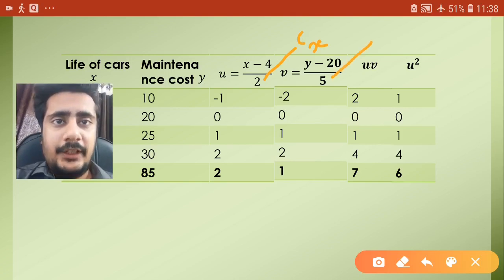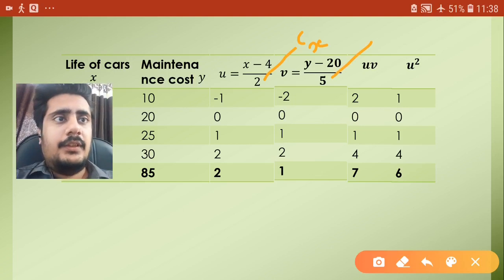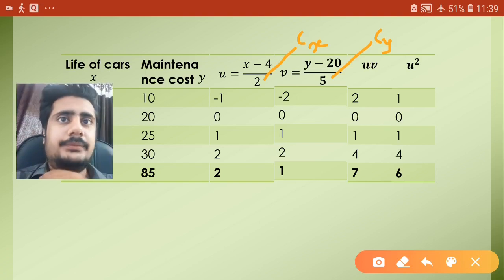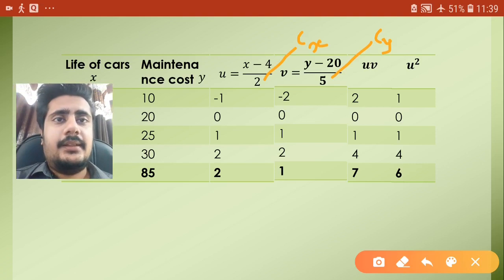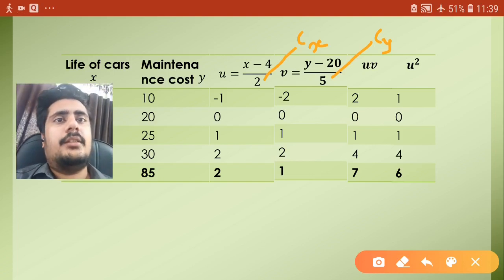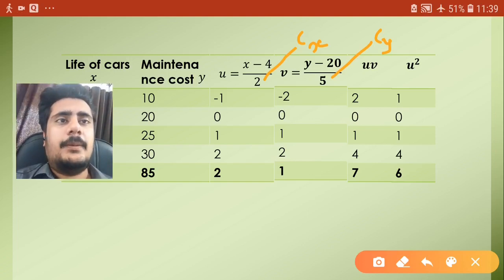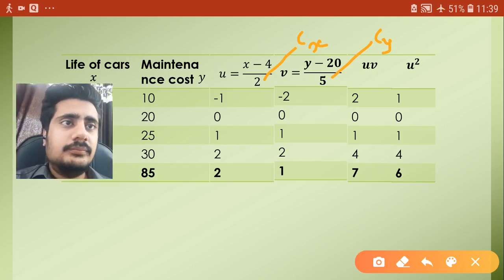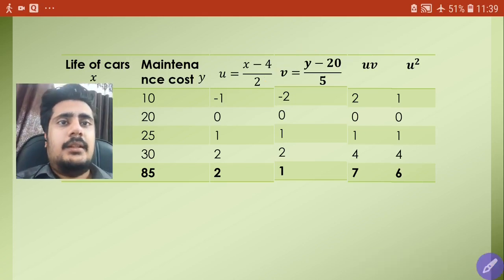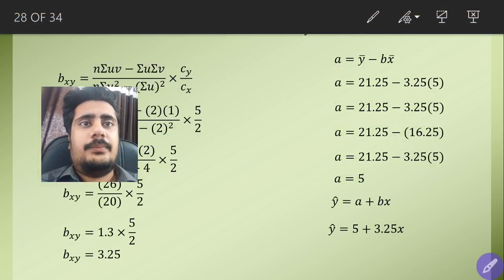We have divided 5 while forming v, so we will name this digit Cy. So Cx is the digit divided while forming u, and Cy is the digit divided while forming v. Perfect. Now let's continue the sum.